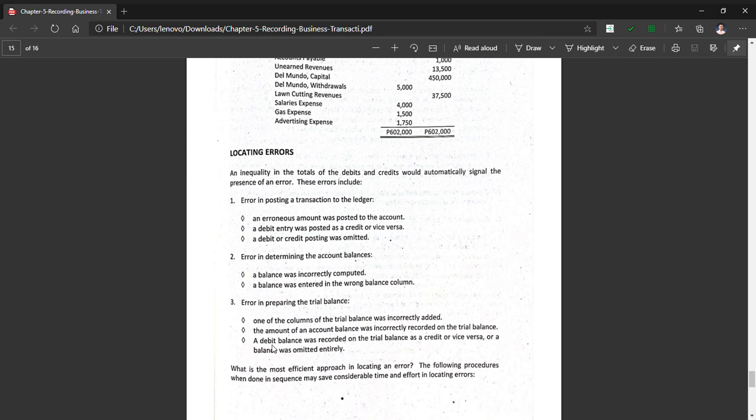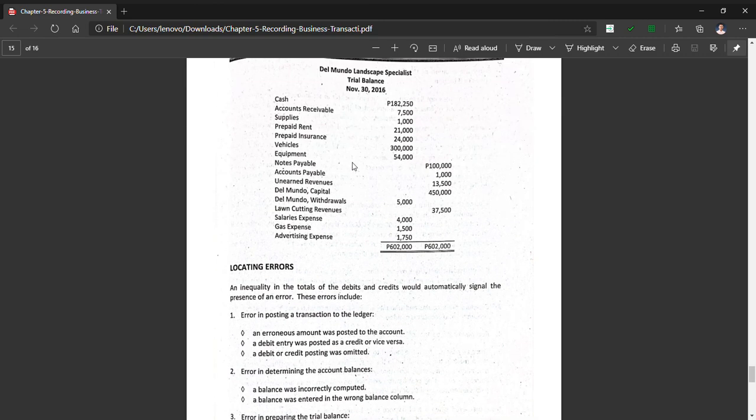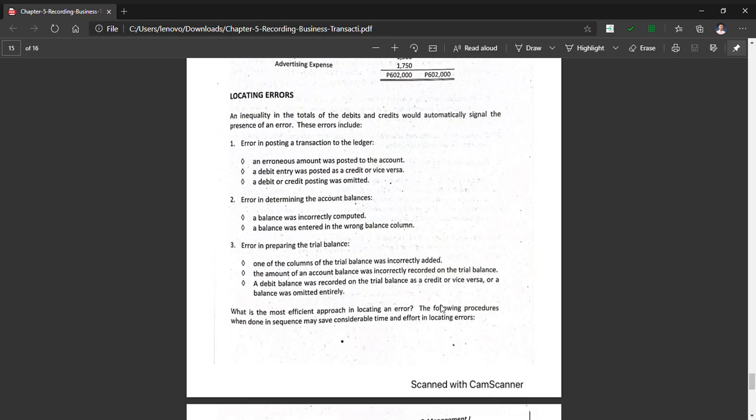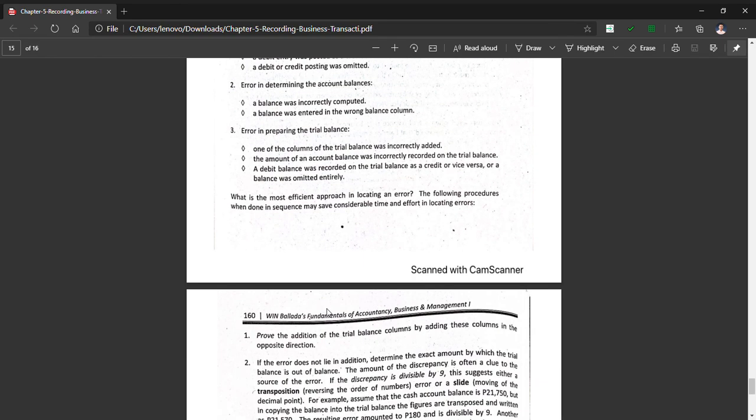Number 3, a debit balance was recorded on the trial balance as a credit, or vice versa, or a balance was omitted entirely. So, maybe we put it wrongly, maybe instead of debit, it was actually credit. But maybe we also missed one, there is an account that we did not put. Okay?